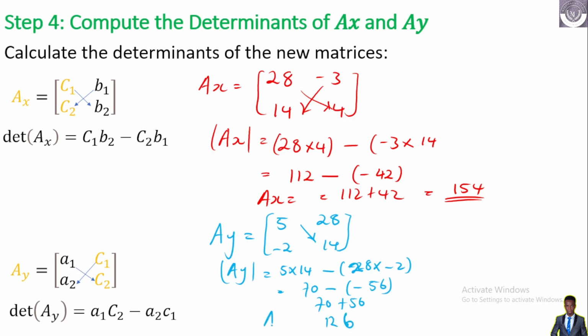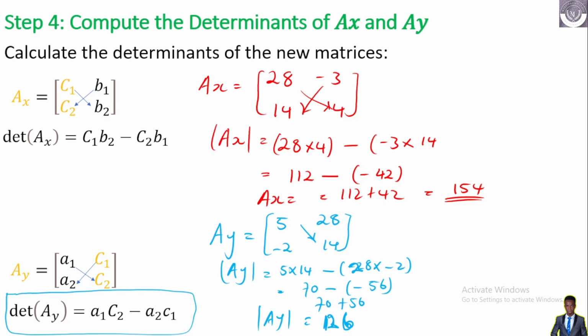So the determinant for AY is 126. And this is the explanation. I'm just giving you a clear example to see how this explanation goes.